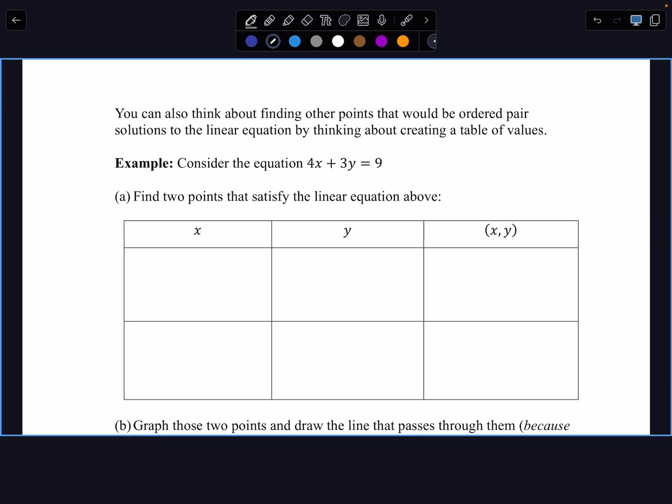All you need to do is find 2 points that would satisfy the equation, meaning 2 ordered pairs that if you plug in the x and the y together would make the left-hand side of the equation equal to the right-hand side, and you could plot those points and you'd have your line. So let's do this, let's not use intercepts.